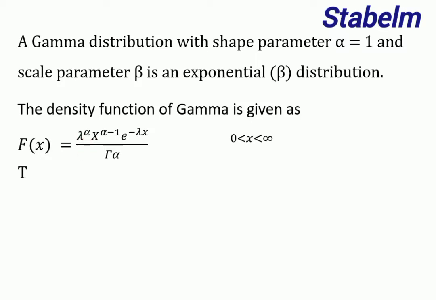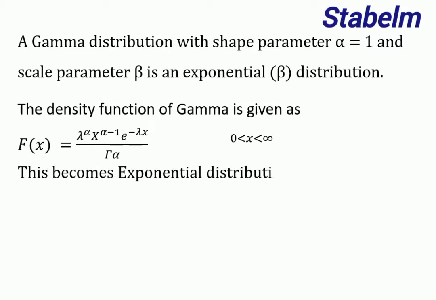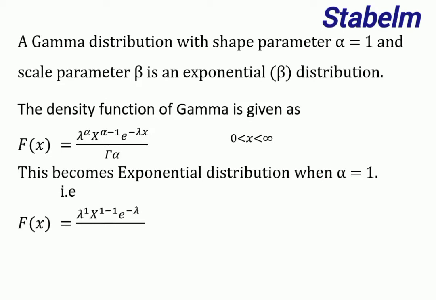So this becomes an exponential distribution when alpha equals 1. What do we mean by this? It means f of x equals lambda raised to power 1, x raised to power 1 minus 1, exponential minus lambda x, divided by 1, where x still runs from 0 to positive infinity.